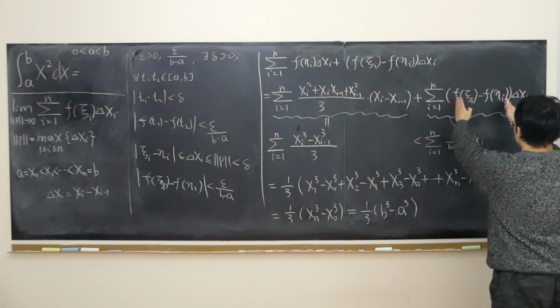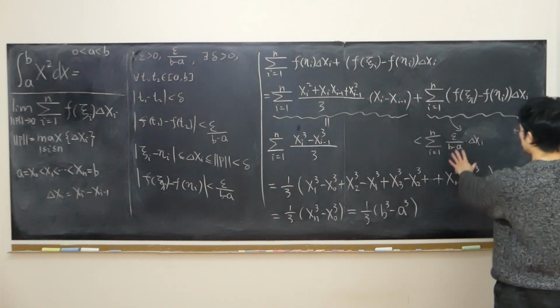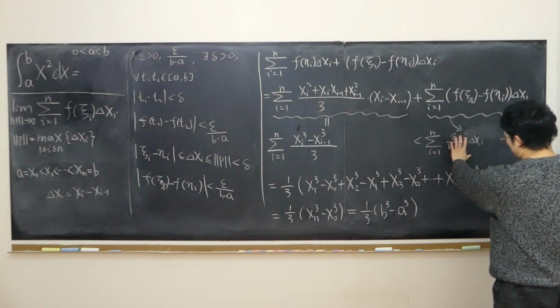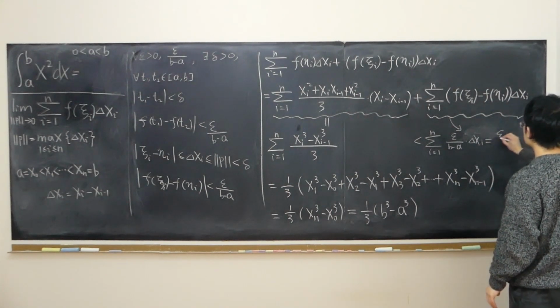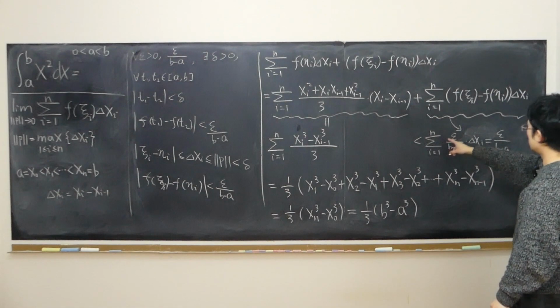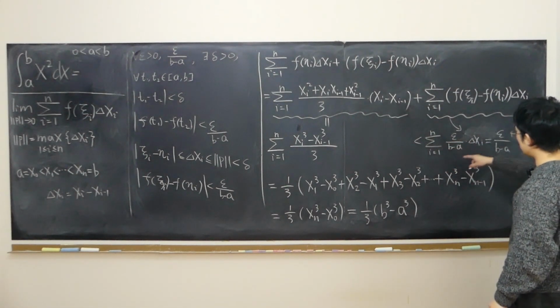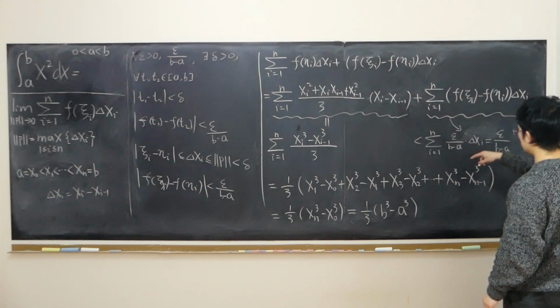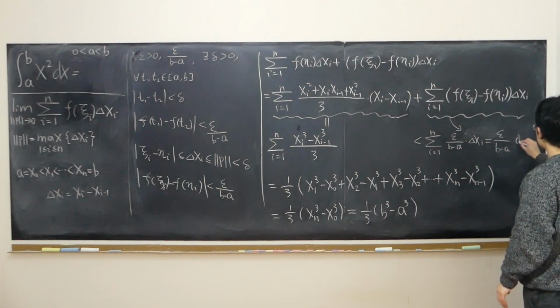Inside here, the absolute value is replaced with this positive constant, and take that positive constant outside, times the sum of delta xi from 1 to n. So what is that? That is b minus a, right?